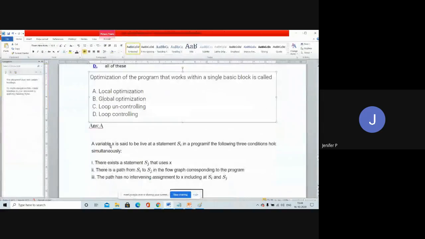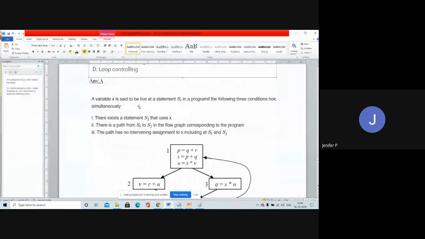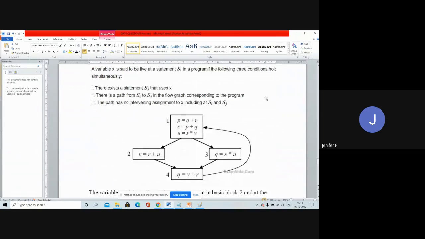That is what they are saying: a variable x is said to be live at a statement si, and they have given the conditions. There exists a statement sj that uses x. There is a path from si to sj in the flow graph corresponding to the program, and the path has no intervening assignment to x. If so, x is said to be alive.